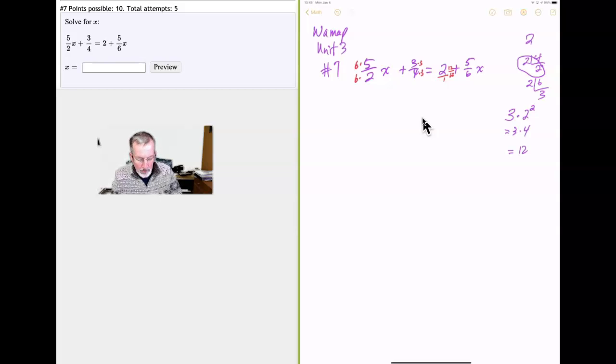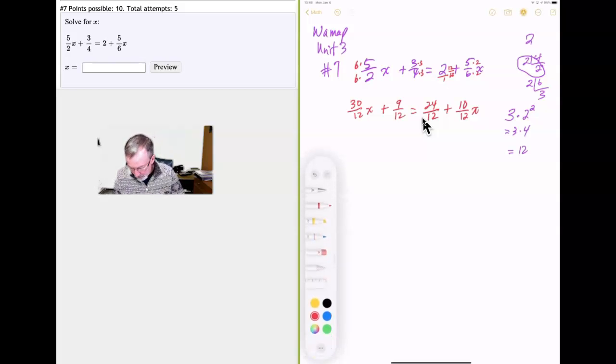And then 5 over 6 can be written by multiplying the top and the bottom by 2. And we end up with 30 over 12 x plus 9 over 12 is equal to 24 over 12 plus 10 over 12 x. Okay, now all the fractions have the same denominator, which means we can add and subtract them more easily. So let's go ahead and see how that works.